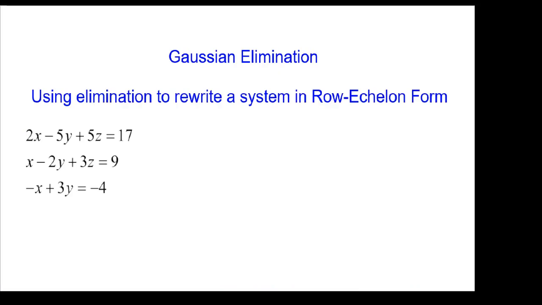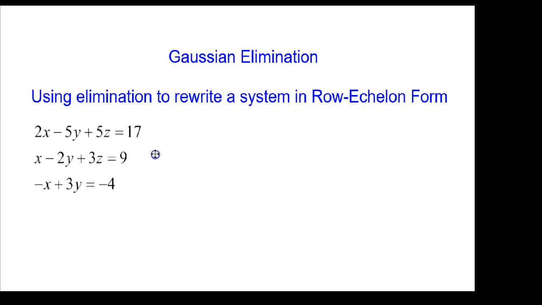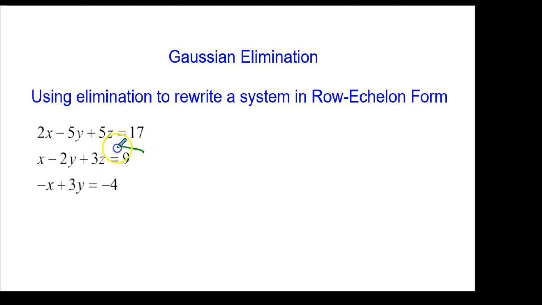Now, when given a system, you're allowed to rearrange the equations if it's helpful to achieve that goal. So studying this example, I see, wow, what if that one were written first?